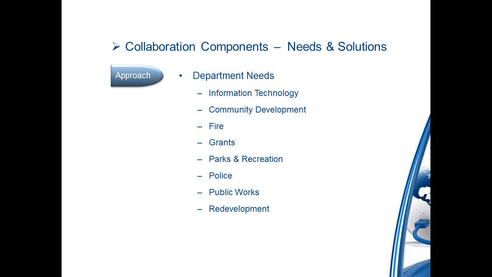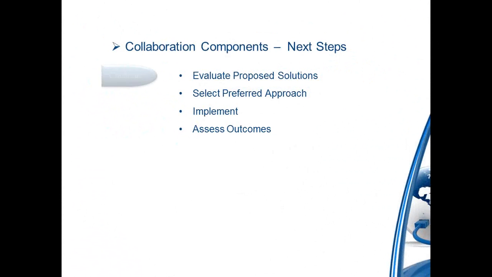And in this particular case, we're identifying the needs of individual departments for a geographic information system. Those include those listed here, which is information technology, community development, fire, grants, parks and recreation, police, public works, and redevelopment. And we'll consider in this session a small subset of this group.